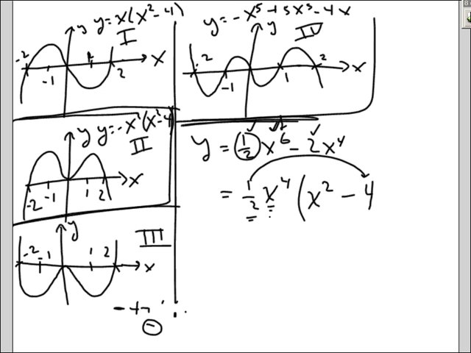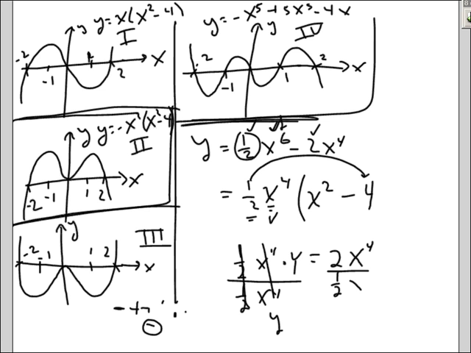And I already have the x to the 4th. 1/2 x to the 4th times what? Call it y. Is equal to 2x to the 4th. Well, divide by half x to the 4th. Just get y. The x to the 4th cancels. So now you have 2 divided by half. If you work that out, it's 4. And that's just what I put, just 4.